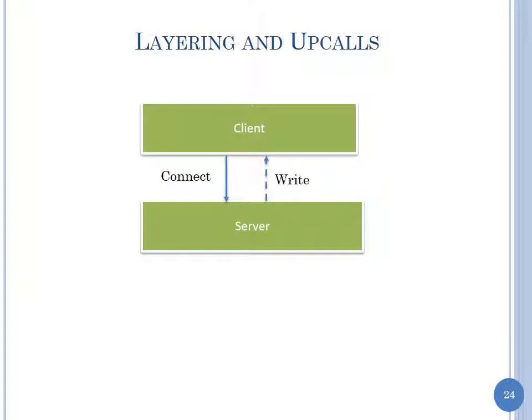Can you see a connection between the distributed server-client setup and this? I'm kind of showing you the connection. Why is interaction with the server a call-like thing, and why is the interaction between the server and the client an upcall-like thing? Yeah.